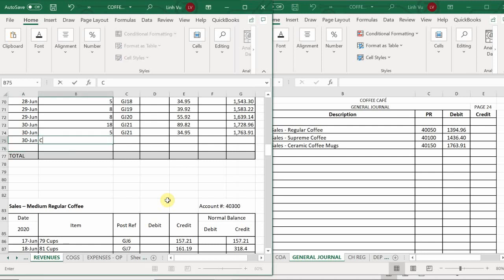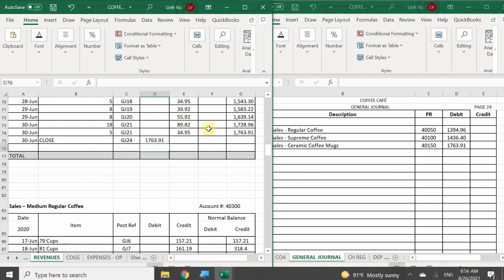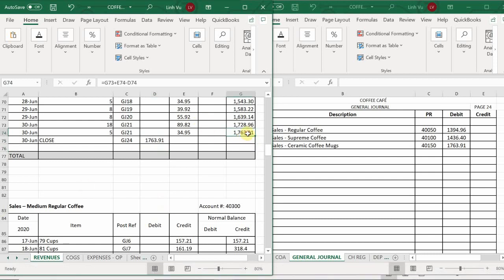This is the closing, $1763.91, which should result in a 0 balance.